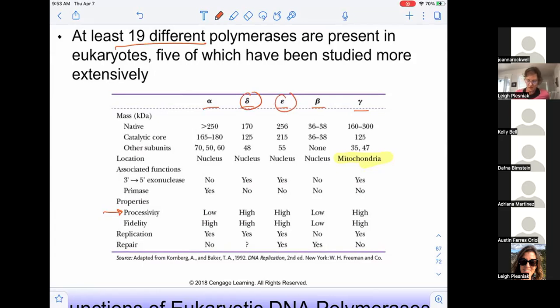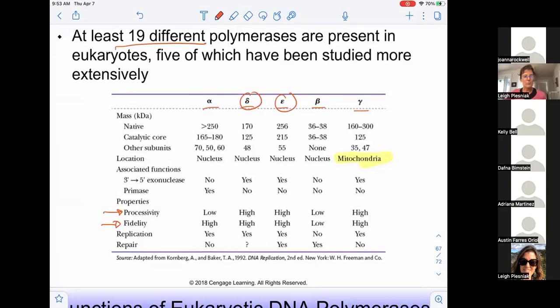And then we also need high fidelity. So fidelity, that's a term used to describe error-free. So we obviously want a DNA polymerase that's going to copy the genome to have very high fidelity.